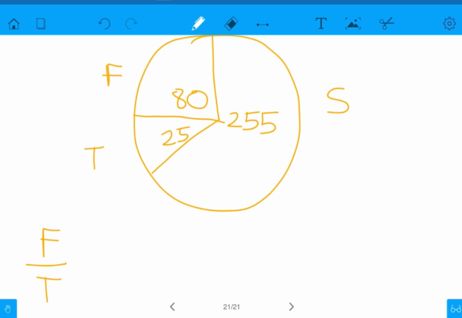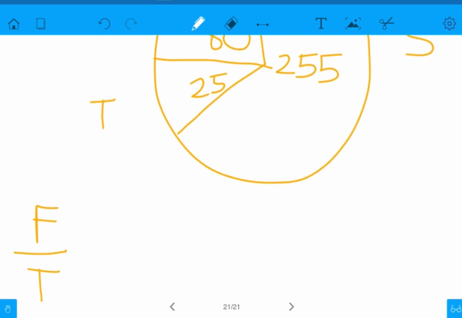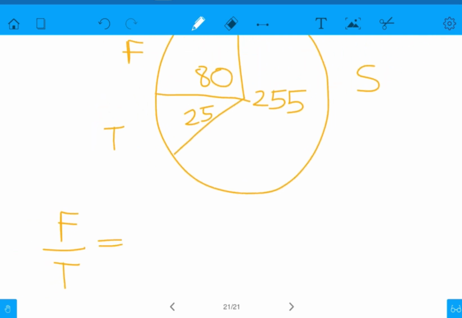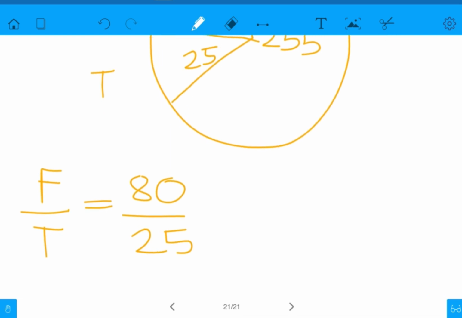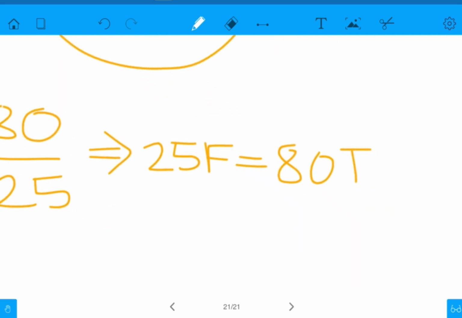So based on this pie chart, the first conclusion we can draw is that the ratio of F to T is 80 degrees over 25 degrees. And when we cross multiply, we can say that 25F is 80T, and we can simplify this, so we can say 5F equals 16T.